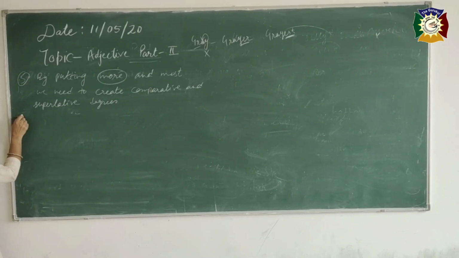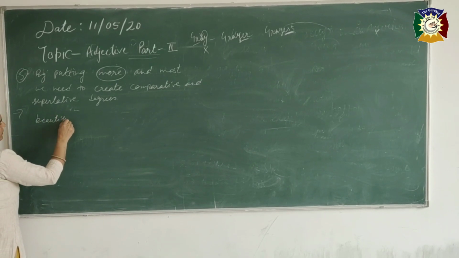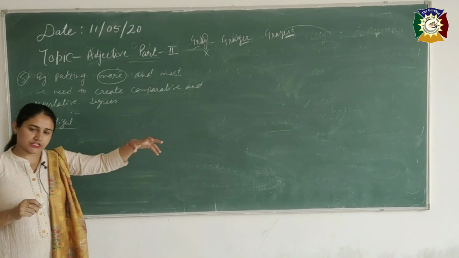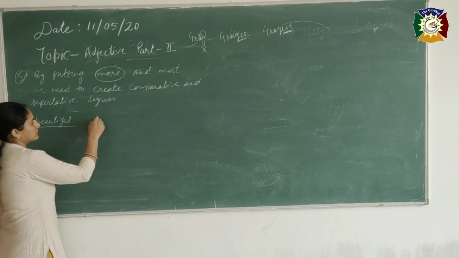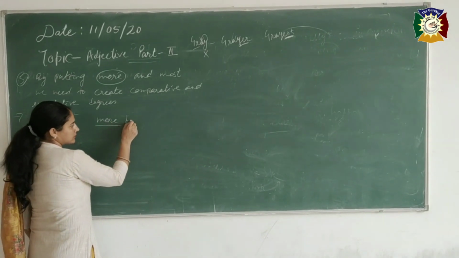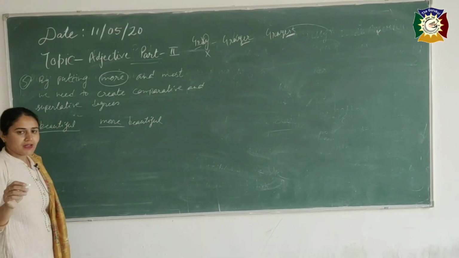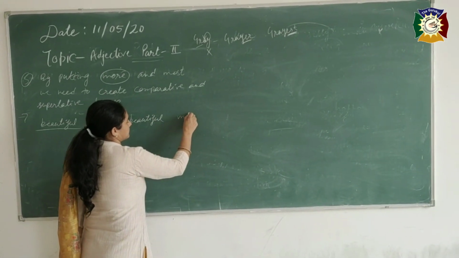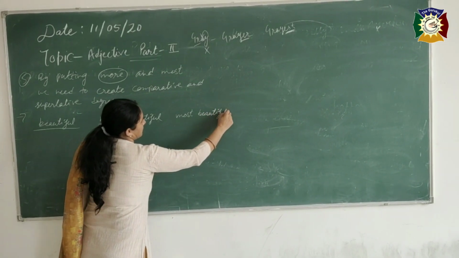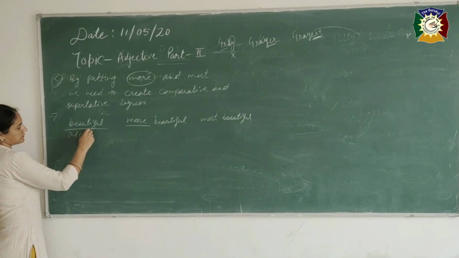Right? Take the example. Beautiful. No, we can't say beautifuler here, we have to add more. In comparative form, we add more beautiful. In superlative, we add most beautiful. Again, we can go intelligent.